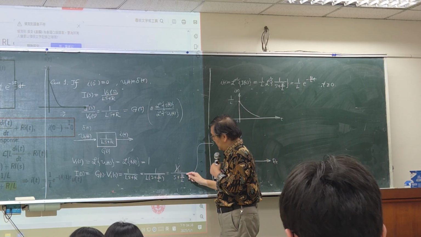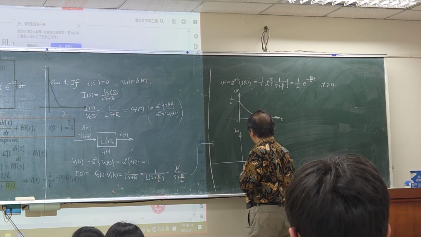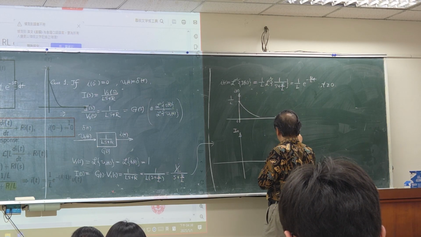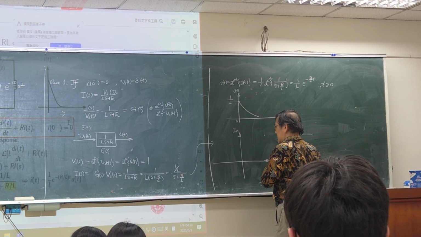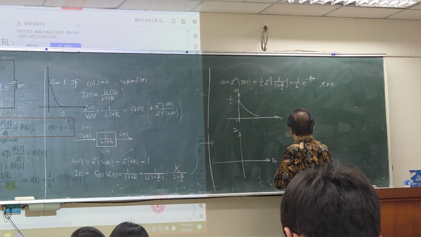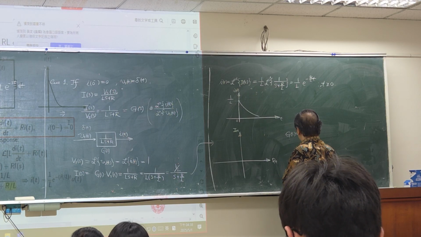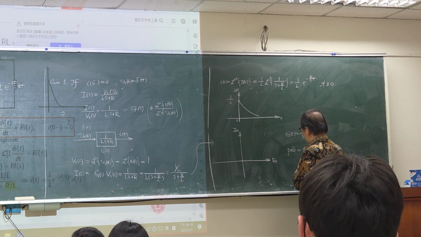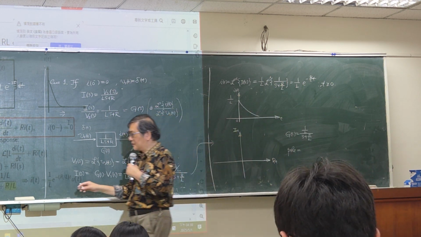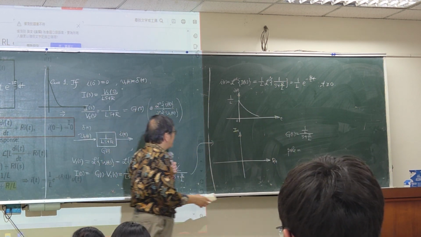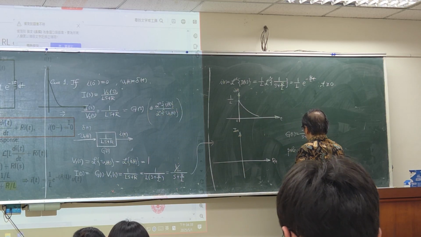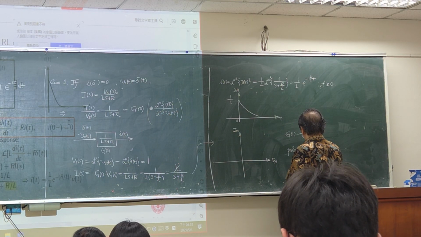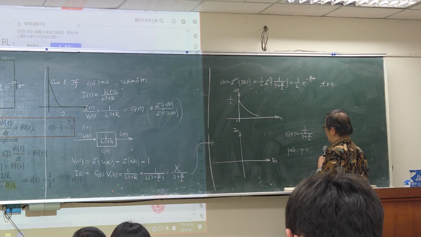What is the pole of the transfer function? So G of s is equal to, so the pole, let me put it as p, is equal to 1.